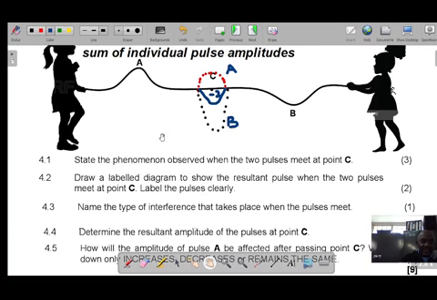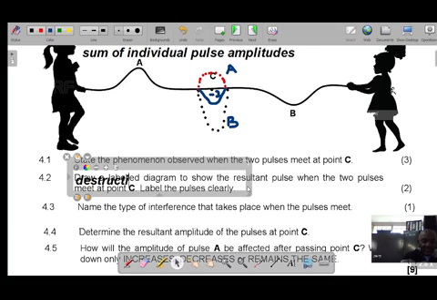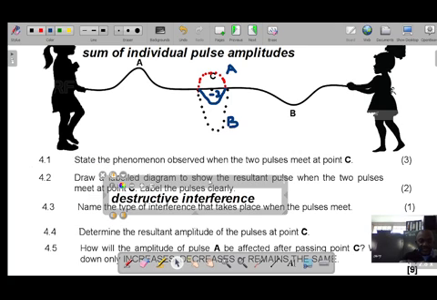Now, as you can see, the initial amplitudes were 6 for B and 4 for A. Because my resultant is lower in amplitude, it means that it is destructive, and hence the name destructive interference. That's the type of interference.